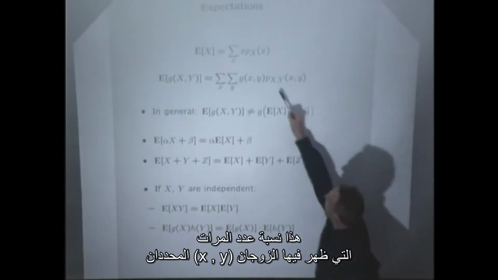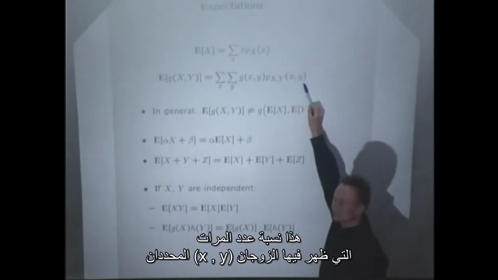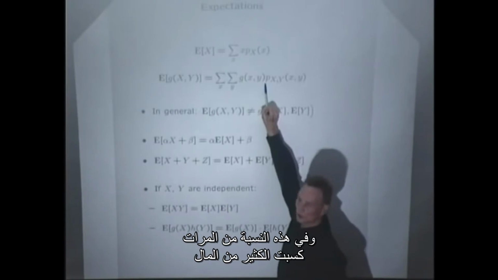The outcome of the experiment is a pair xy, and each time that a certain xy happens, you get so many dollars. So this fraction of the time, a certain xy happens, and that fraction of the time, you get so many dollars. So this is the average number of dollars that you get. So what you end up, since it is the average, then that means that it corresponds to the expected value. Now, this is something that, of course, needs a little bit of mathematical proof, but it's just a different way of accounting, and it turns out to give you the right answer, and it's a very useful shortcut.